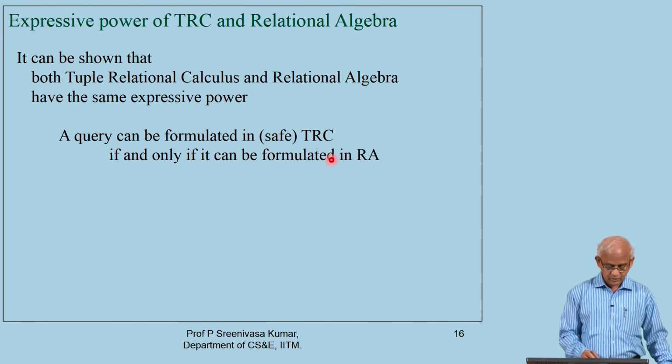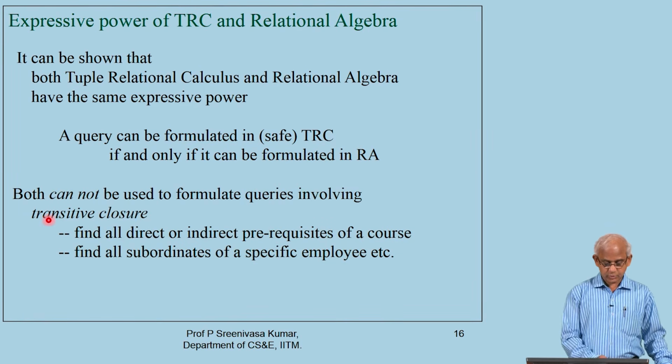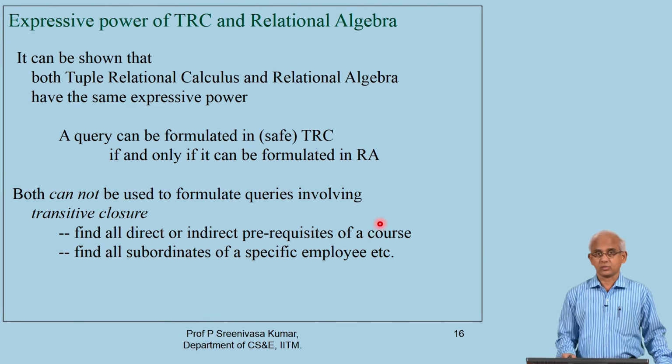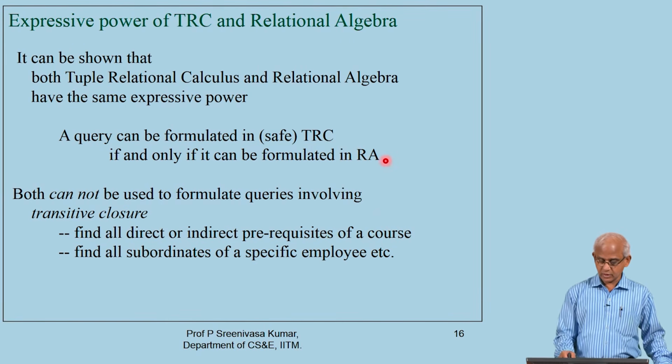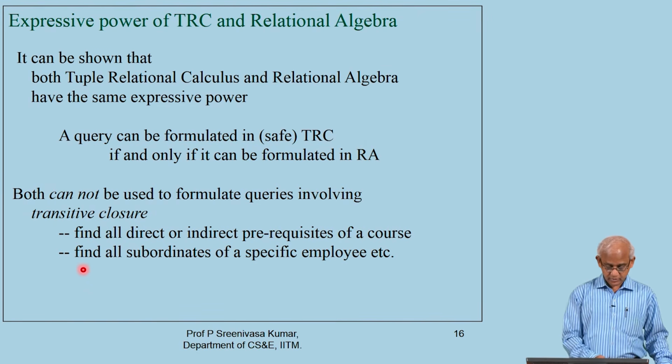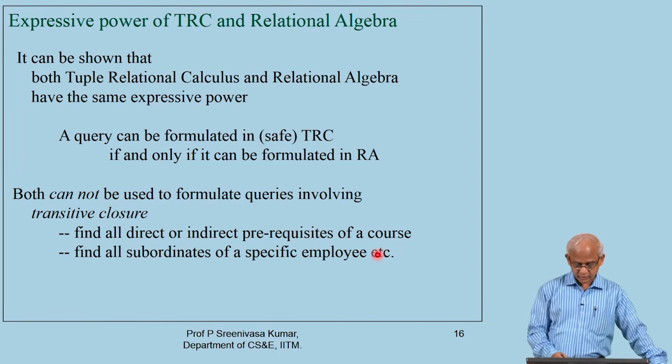And both of them have limitations with what are called transitive closure kinds of queries. So, we have seen examples of that. Find all direct or indirect prerequisites of a course. Such queries we will not be able to express in relational algebra and also in tuple relational calculus. Another example is find all subordinates of a specific employee.